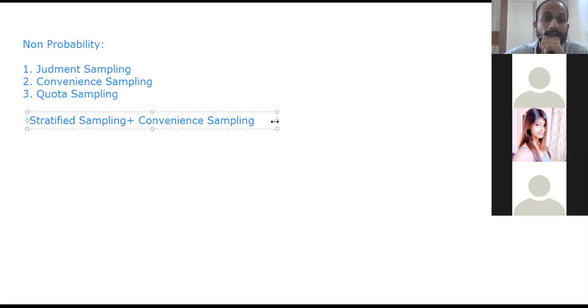Once I have divided, how do I select those 10 from BCU? I may select all the 10 students in the first bench, and I may select all the 3 students in AU in the first bench. When I adopt this technique, that is what we call quota sampling. Are you able to find the difference between quota sampling and stratified random sampling?